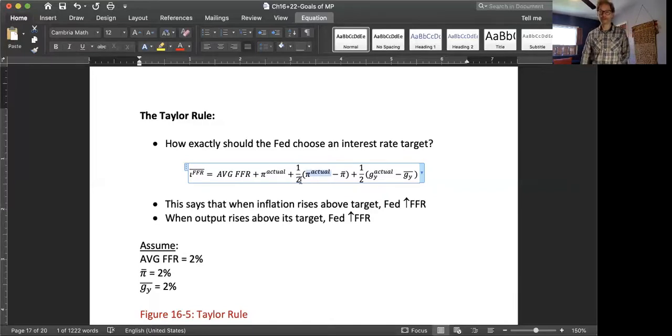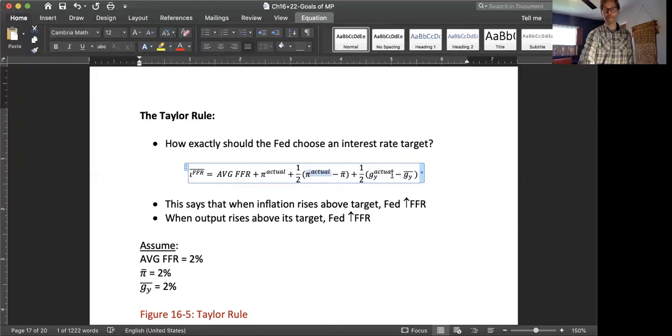So if inflation goes up by 1%, we have to increase our federal funds rate target by 1.5%. And that makes sense, because we really want to raise interest rates a lot to drive down inflation, more than just 1%.